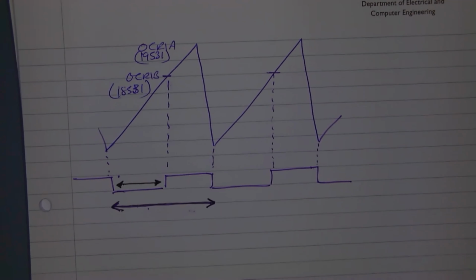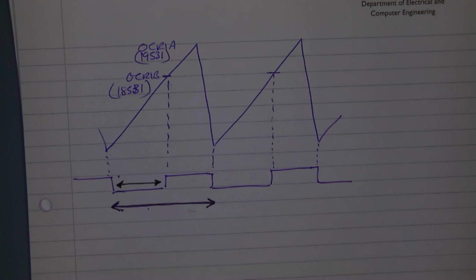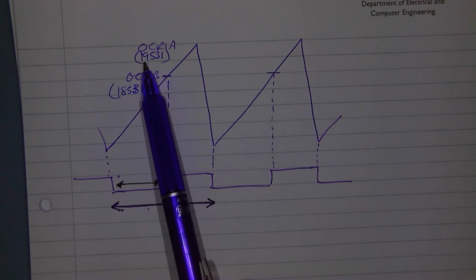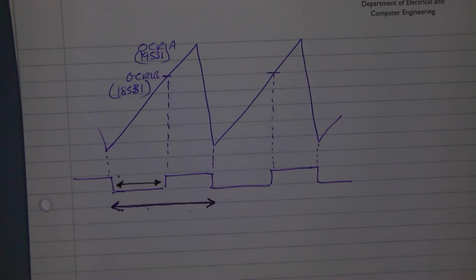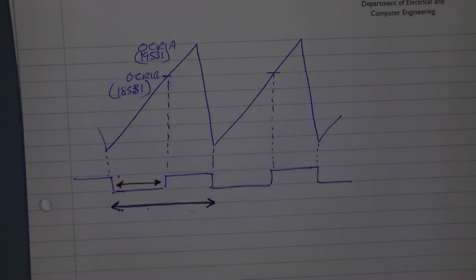So we should be looking at less than 2 seconds. We've got about 20,000 out of 65,000, so much less than 2 seconds is our value for this point in time. Just to give you a rough ballpark of what's going on.